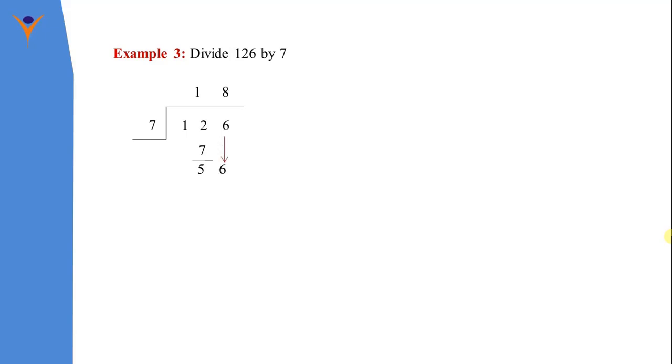So that becomes 56. So 56 divided by 7 is 8. As you can see, the 8 up there already. All right. There is no remainder because 7 times 8 is 56. So the answer is 18. 126 divided by 7 equals 18.